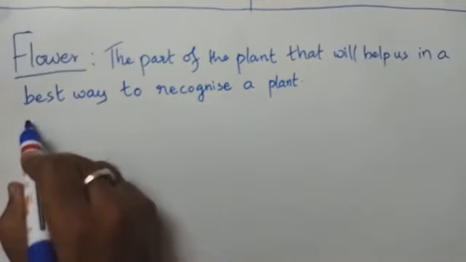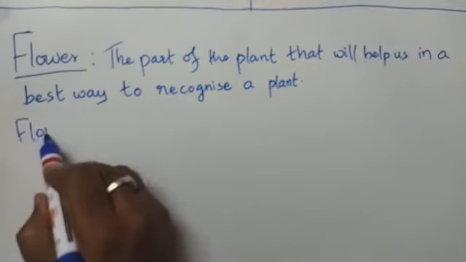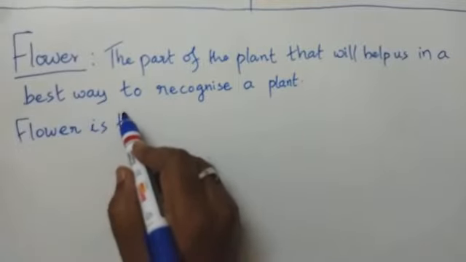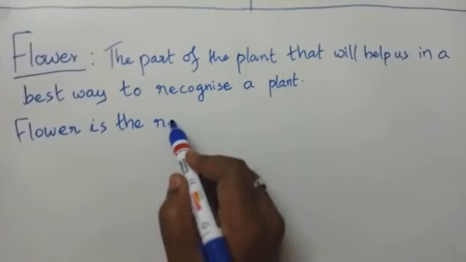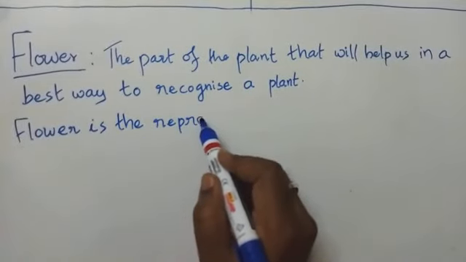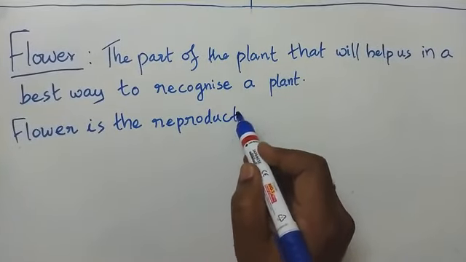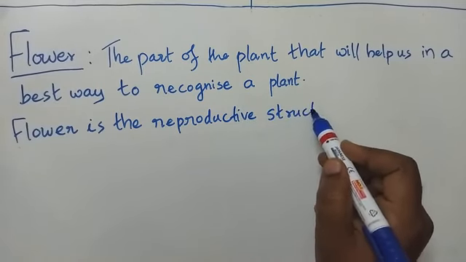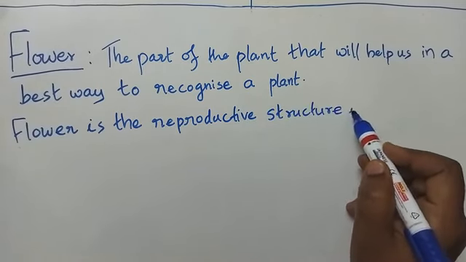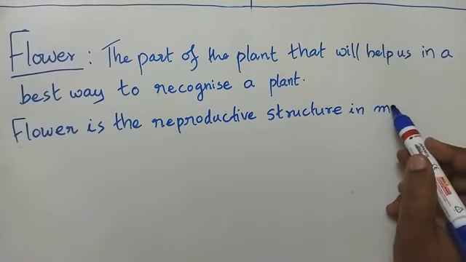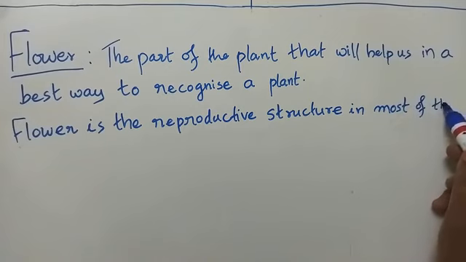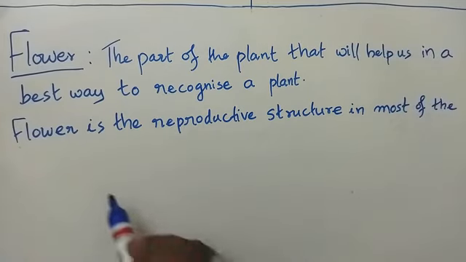So, flower is the reproductive structure in most of the flowering plants.